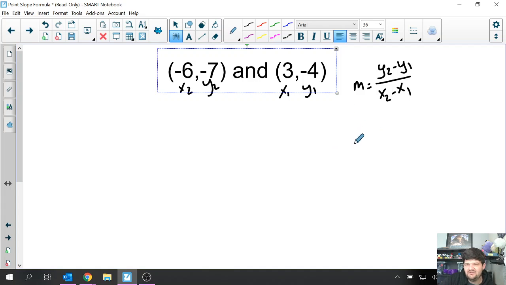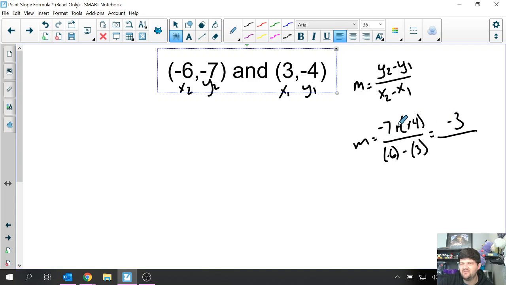So plugging it in, you have m equals your y2 value is negative 7 minus your y1 value is negative 4. And then x2 minus x1 is going to be negative 6 minus, and our x1 value is 3. So in my haste, I've actually done this the exact wrong way, but that's okay.